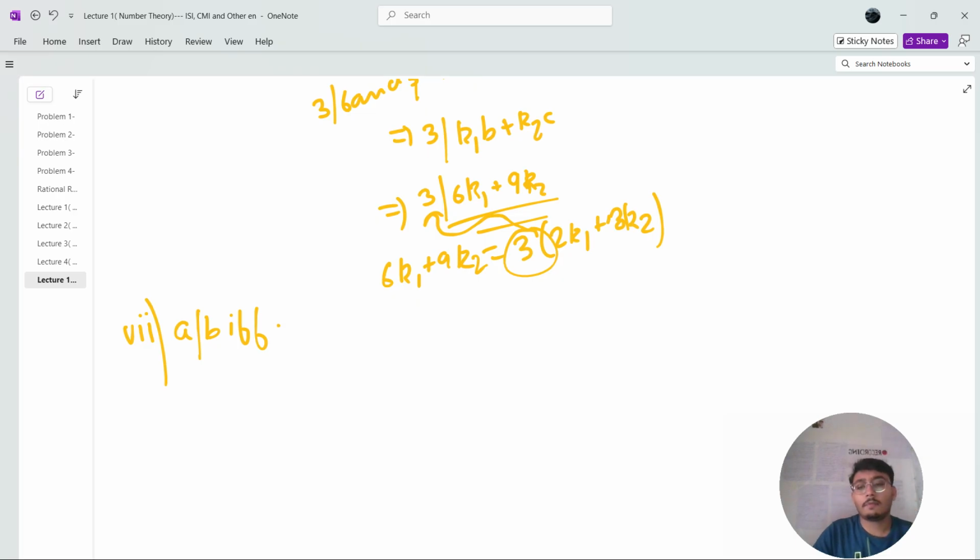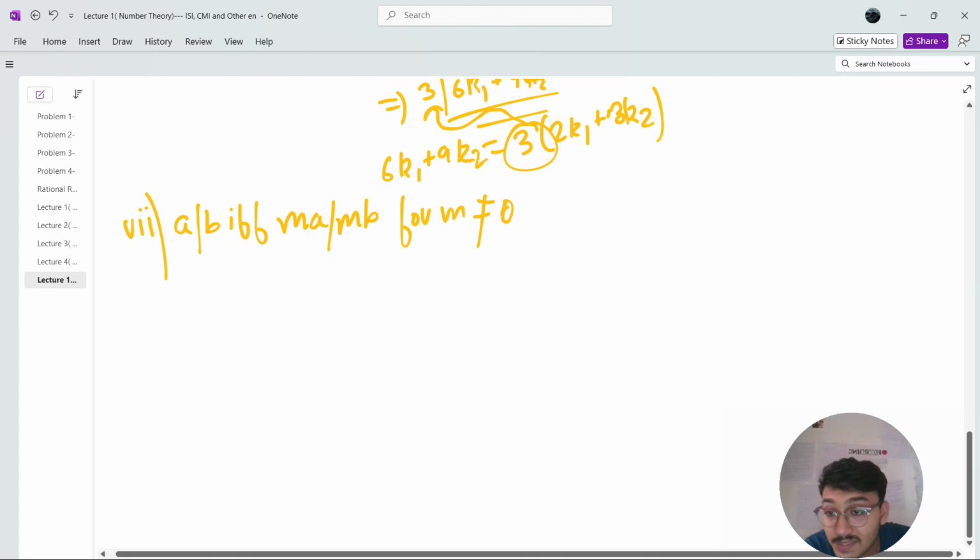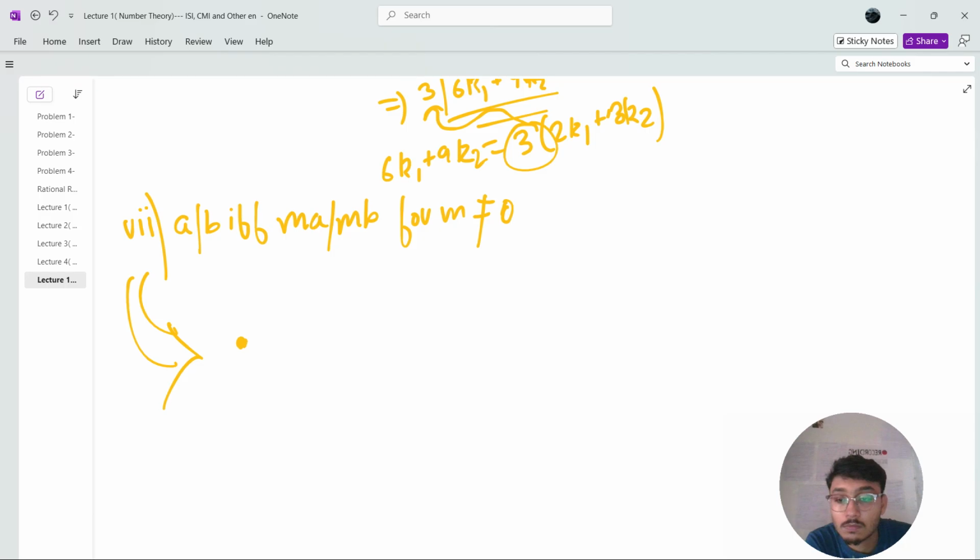If and only if MA divides MB for M not equal to 0. These are my general results, and now some case-based results.